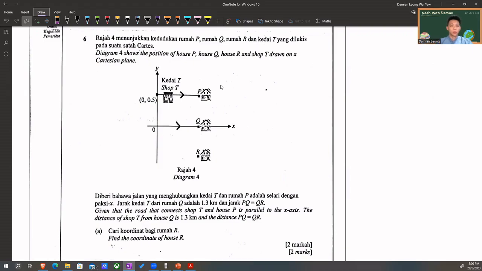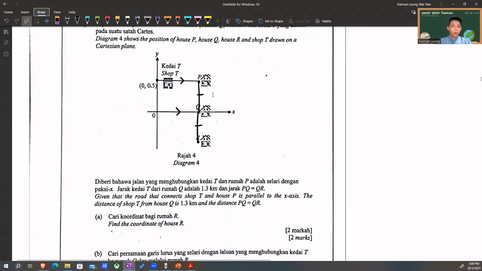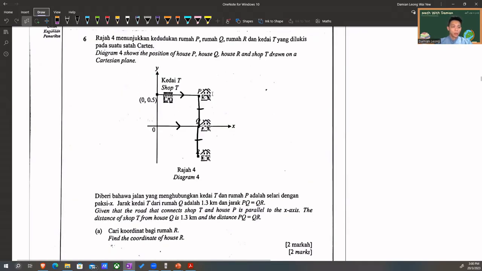Yeah, parallel to the x-axis. PQ and QR is the same. So if I have a straight line, this length and here to here is the same length. So what I want is first coordinate of point R.